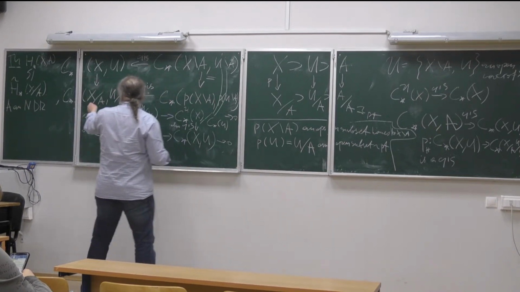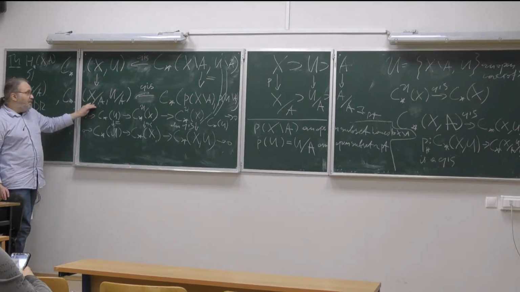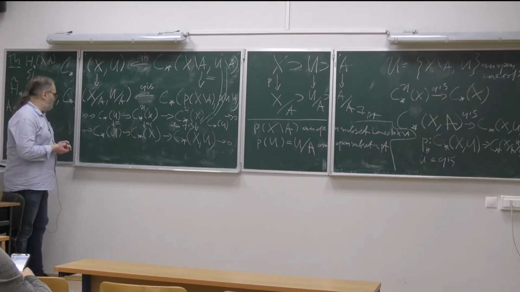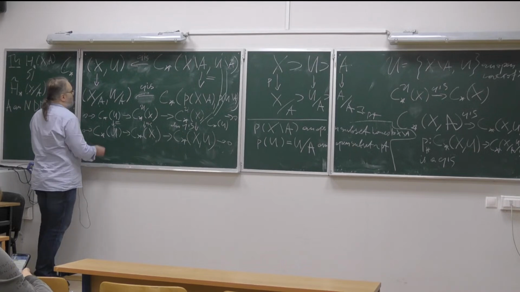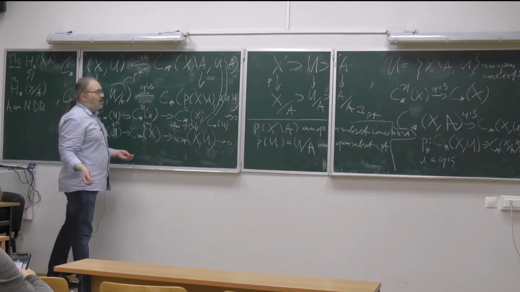And once we arrive here, we basically use the fact that U/A is homotopy equivalent to a point. Why?